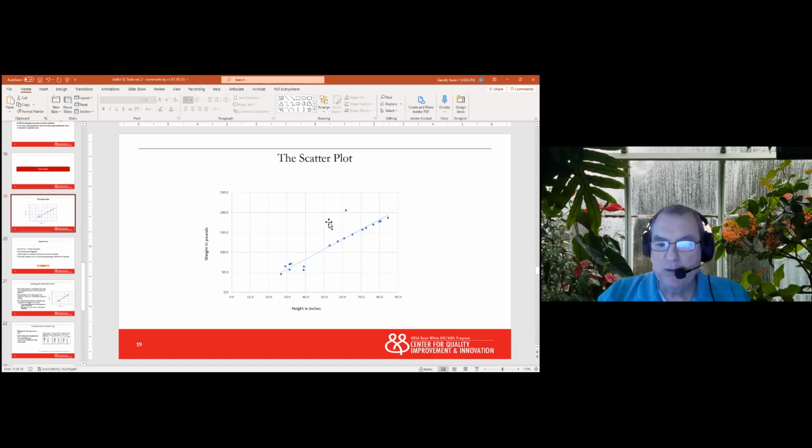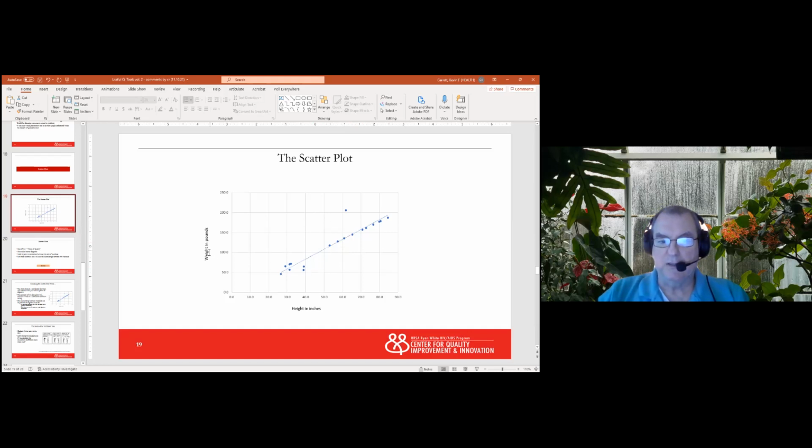If these data points were all over the place, it would be a very weak to no correlation. And then the other thing that I'm looking at here is a positive correlation. The trend line is going up.